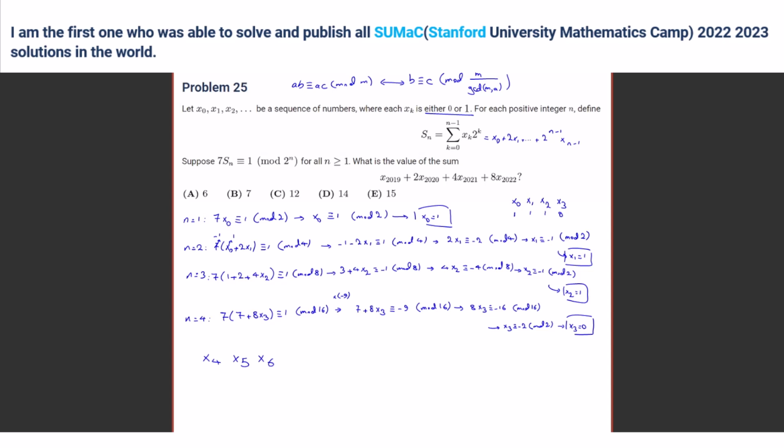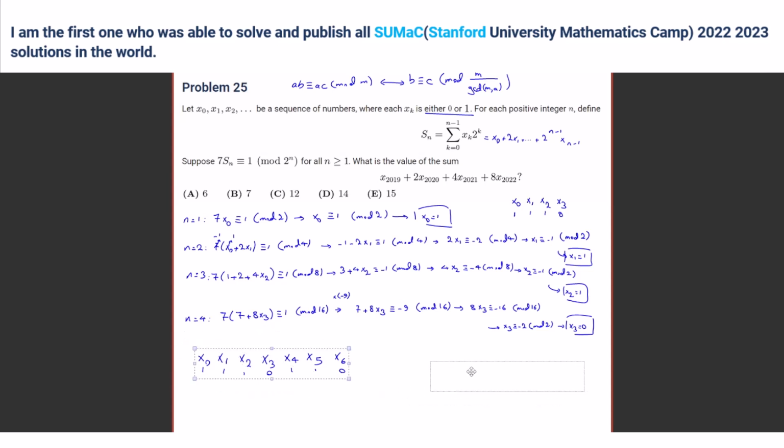I got x4 is 1, x5 is 1, x6 is what? 0. Exactly. So now let's rewrite them. X0 is 1, x1 is 1, x2 is 1, x3 is 0, x4 is 1, x5 is 1, x6 is 0. Can you guess which numbers are 0? 0 mod 3. Exactly.